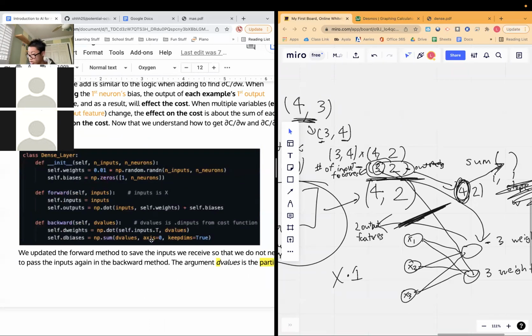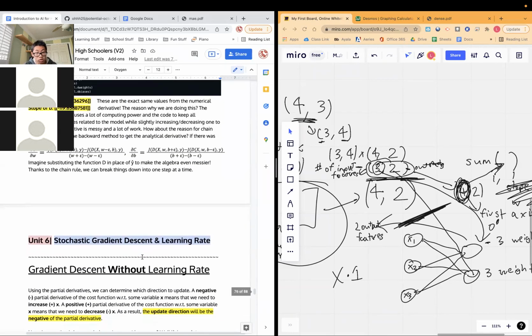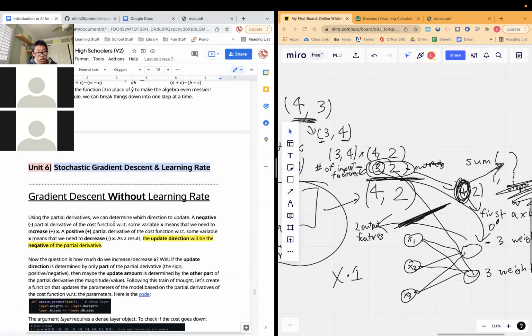Axis 0 is because we need to get rid of the 4, and to get rid of this 4, it's the first axis, but since Python indexing starts at 0, that's why we call it axis equals 0, okay?